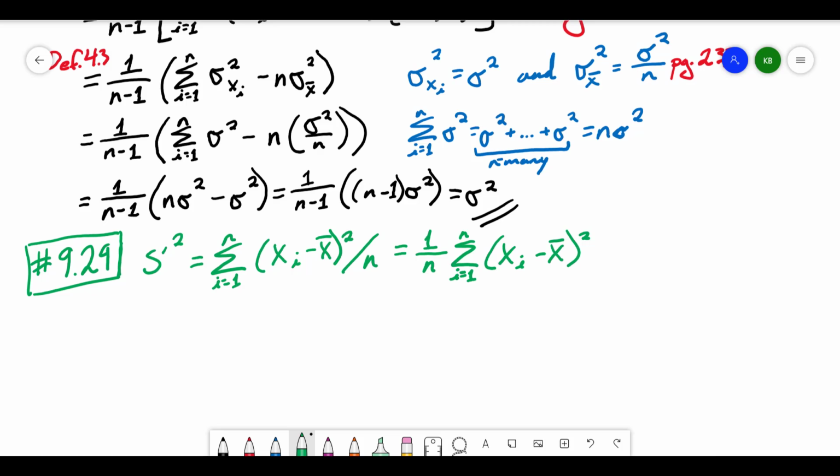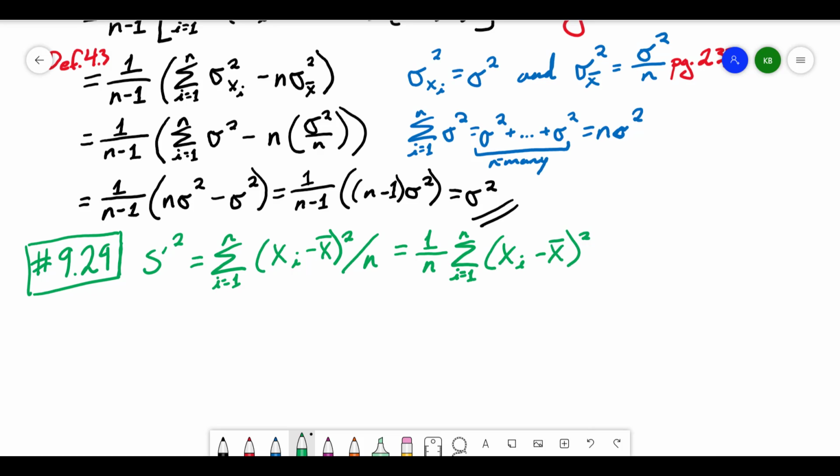Now, what we did in example 9.1, we used the variance where it was 1 over n minus 1, because that's how our sample variance was defined for us. And now it's being defined with 1 over n. So a hint that I was giving to a lot of you in class was, how does that dividing by n make it different than example 9.1?